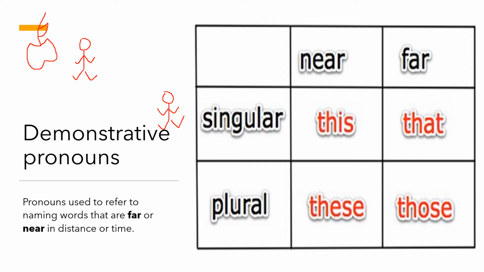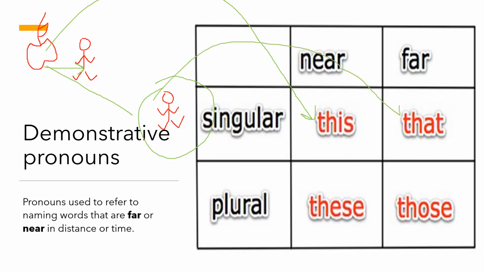But for the other boy, he will say, that is an apple. Here, the apple is near to this boy, so he will use the word this. Whereas for the other boy, the apple is quite far, so he can use the demonstrative pronoun that.